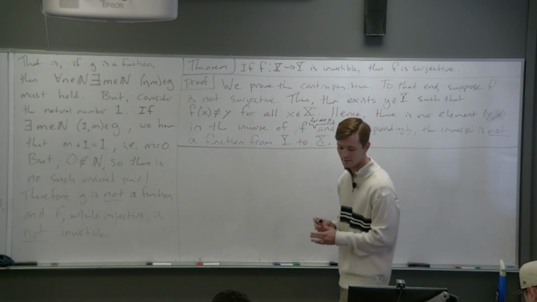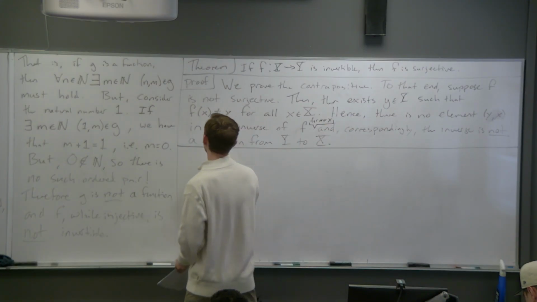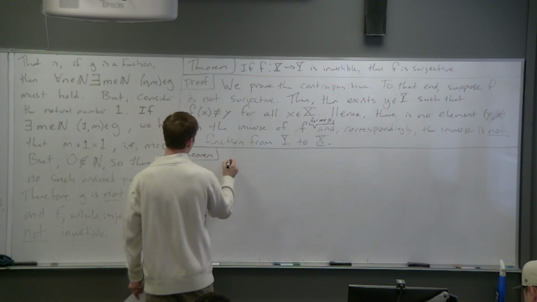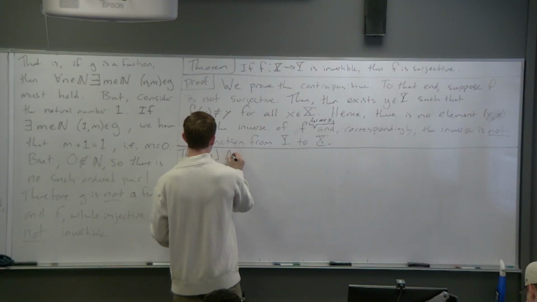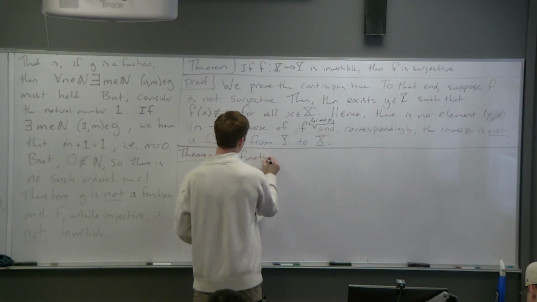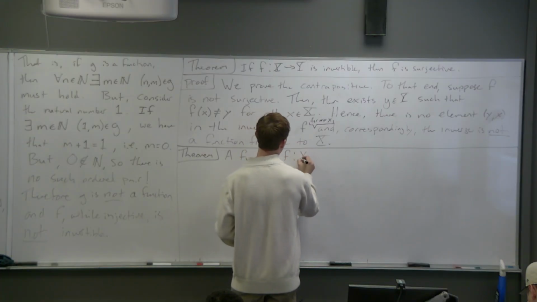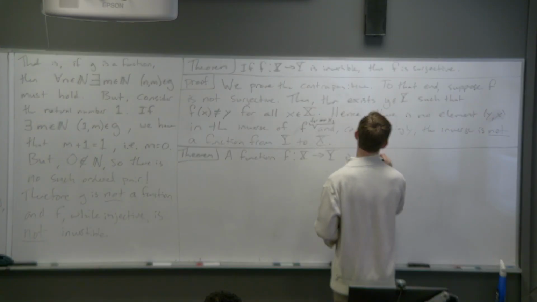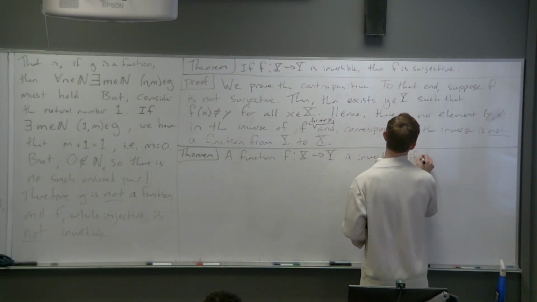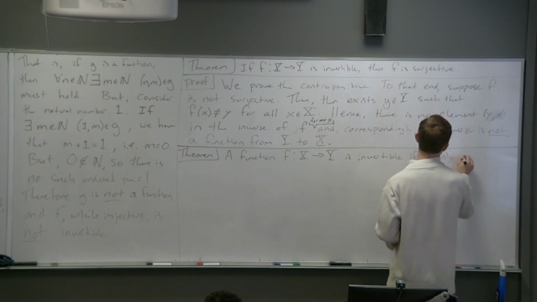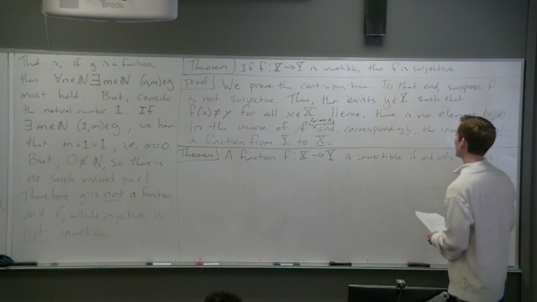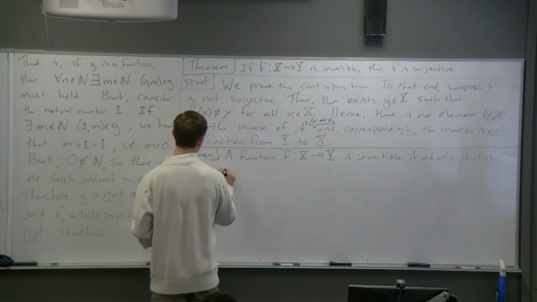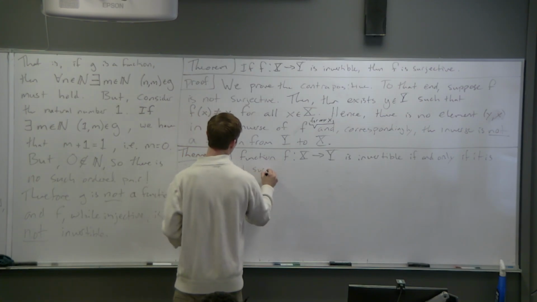Putting these things together, we get the following theorem. A function f from a set X to a set Y is invertible if and only if it is injective and surjective.